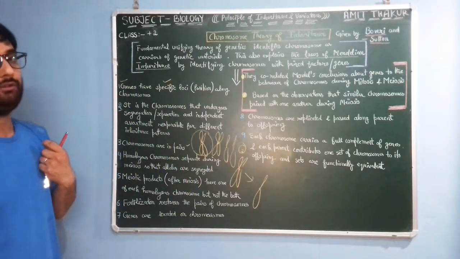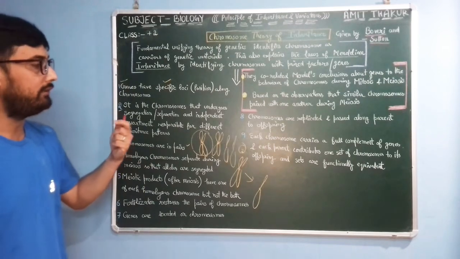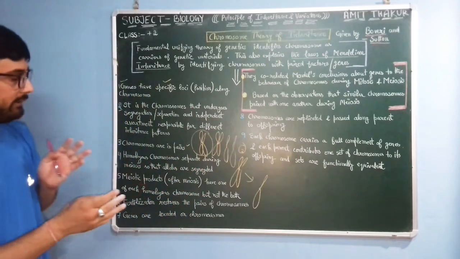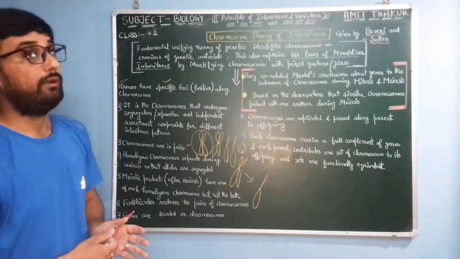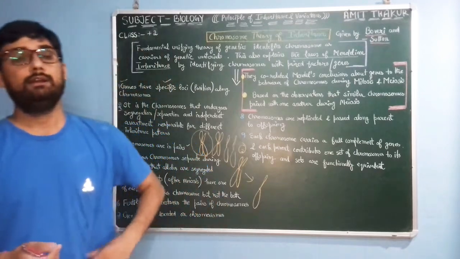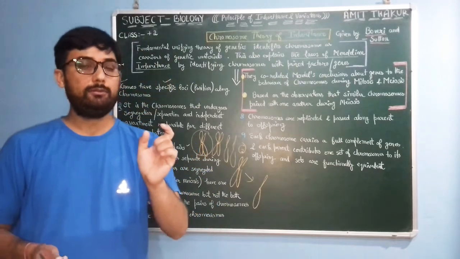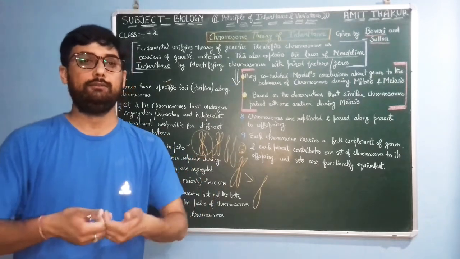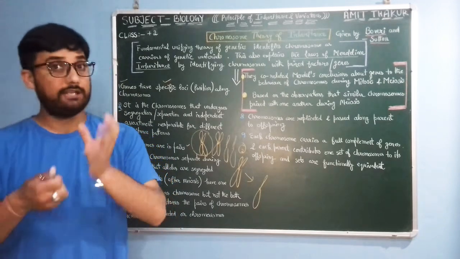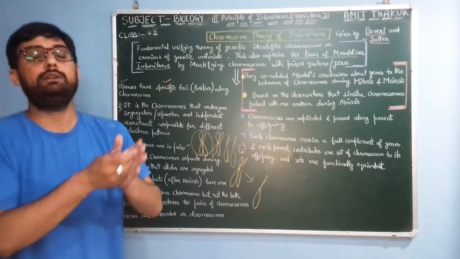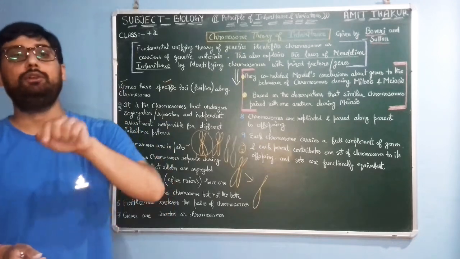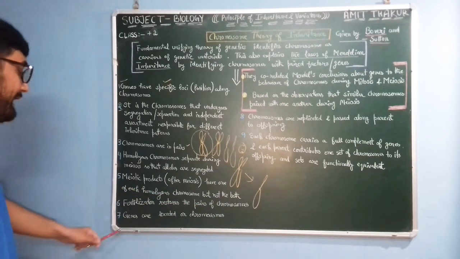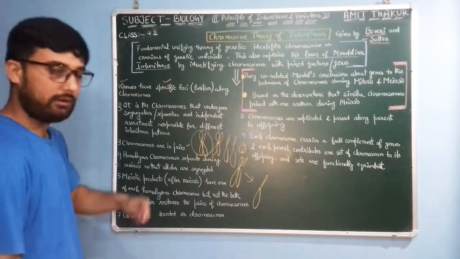But when fertilization takes place, as in human beings, in the female reproductive body, in the fallopian tube, the sperm cell carrying 23 chromosomes and the egg cell with 23 chromosomes fuse together to form a zygote, which restores the actual number of 46 chromosomes. So fertilization restores the pairs of chromosomes, and genes are located on the chromosomes. How? I will tell you later.